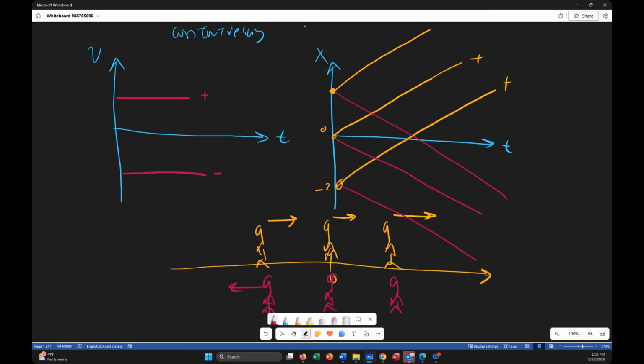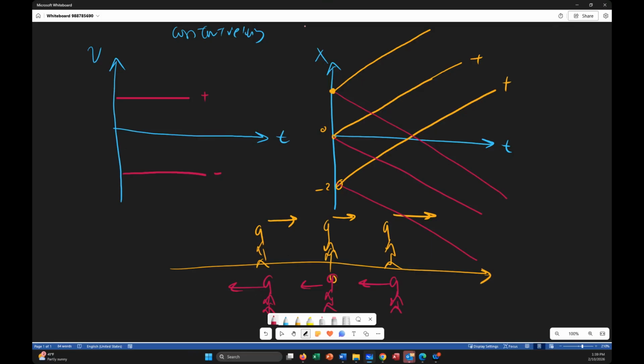It's moving to the left, but with a constant velocity. It depends on where you start your motion. Make sense? This is the graph of velocity versus time and position versus time for motion with constant velocity.